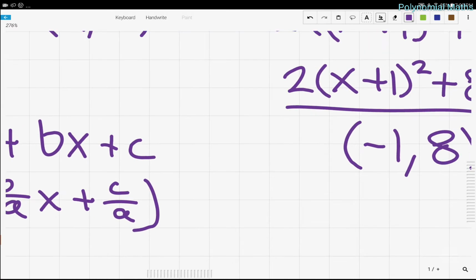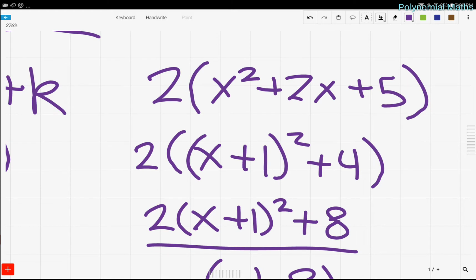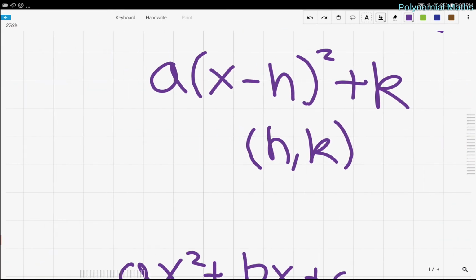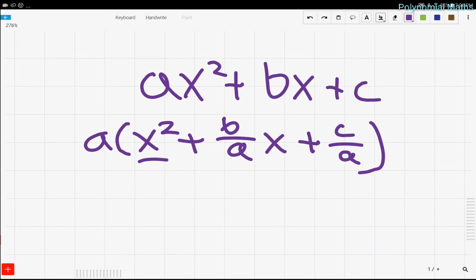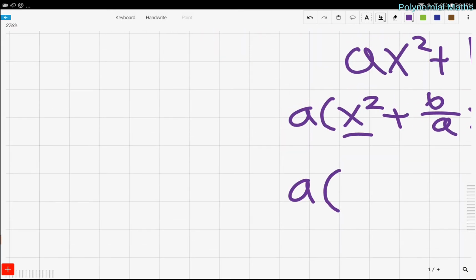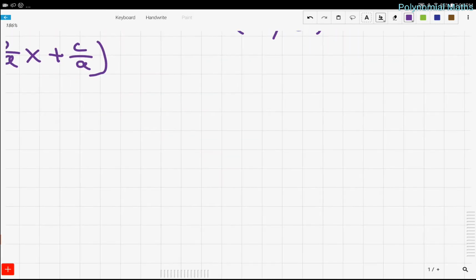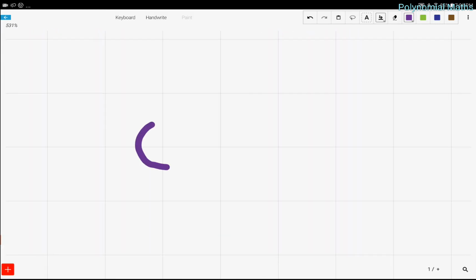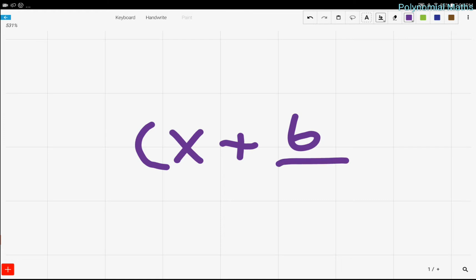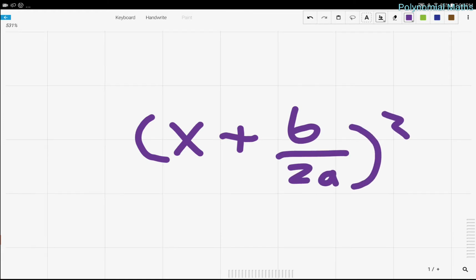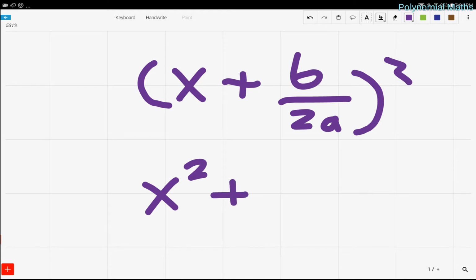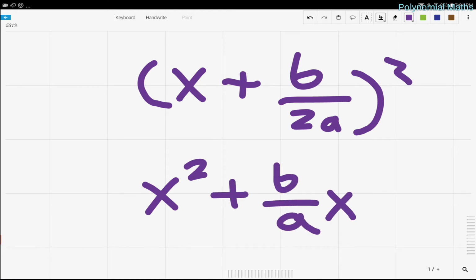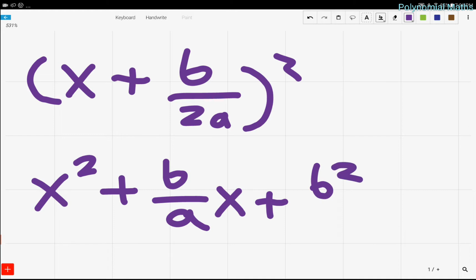Now let's go back to how we completed the square over here. Okay, so let's take a look at (x plus b over 2a) squared. This is equal to x squared plus b over a x plus b squared over 4a squared.